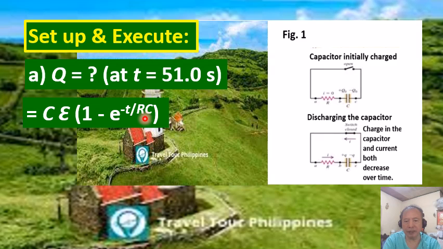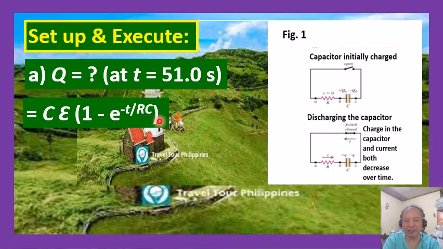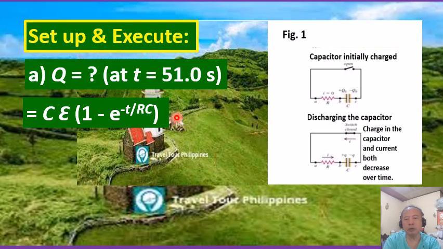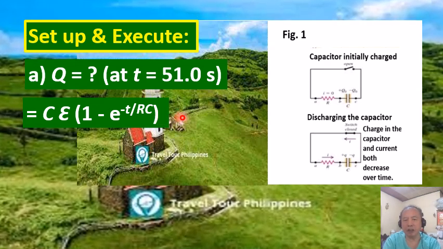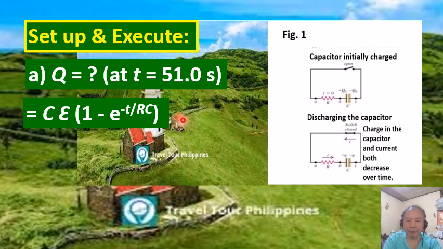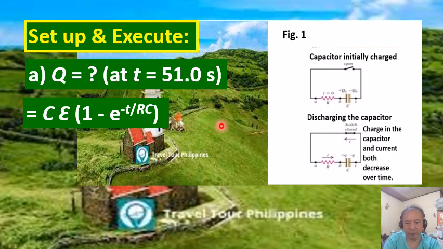The product of the resistance R and the capacitance C, as you may all know, is what we call the time constant of the capacitor that is being charged.